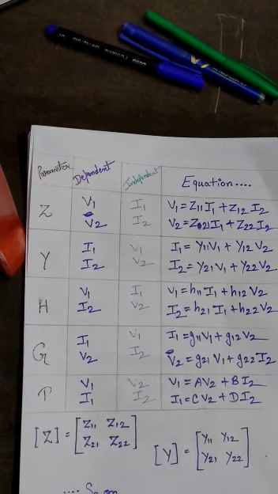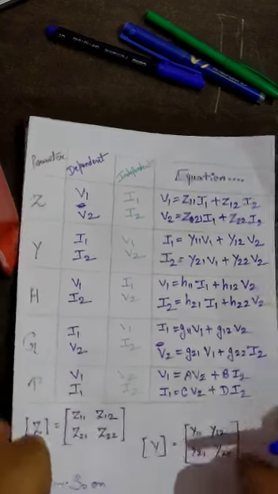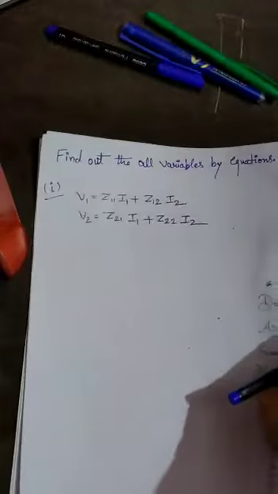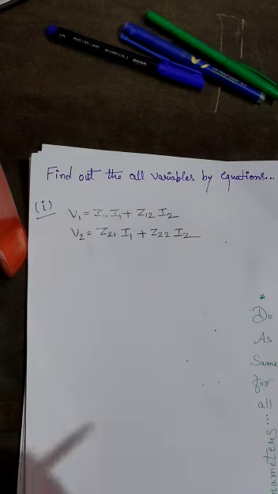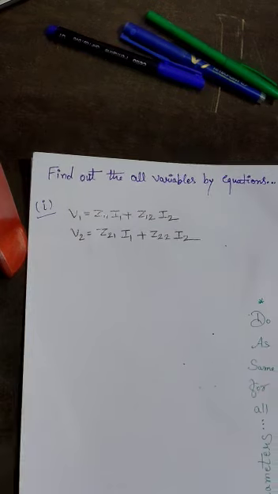Now we calculate all the parameters using the equations I showed as an example. It is the Z matrix equation: V1 equals Z11 I1 plus Z12 I2, and V2 equals Z21 I1 plus Z22 I2.